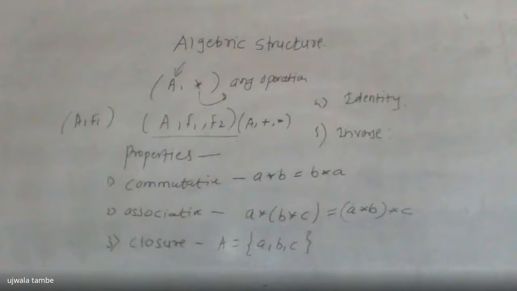Then the next concept is semigroup. Before that, algebraic structure. What is meant by algebraic structure? If a set A with respect to any operation satisfies the closure property, then it is called an algebraic structure. Then what is meant by semigroup?